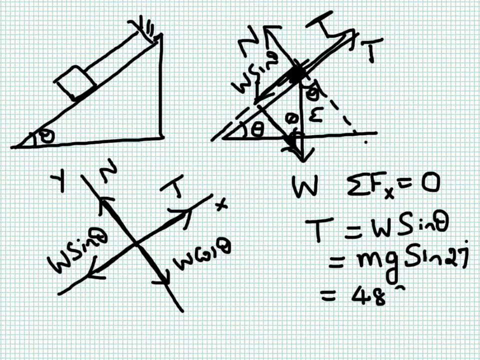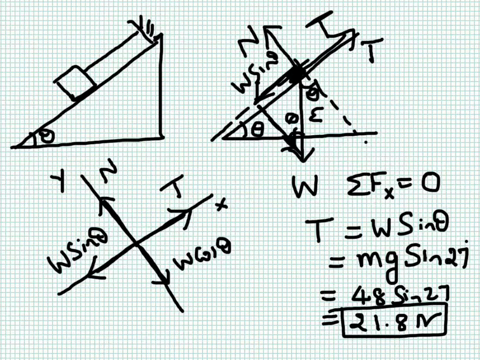So 48 times sine 27 comes out to be 21.8 newtons, right? So this is 21.8 newtons. So the spring scale reads a much smaller value because it's on an incline.